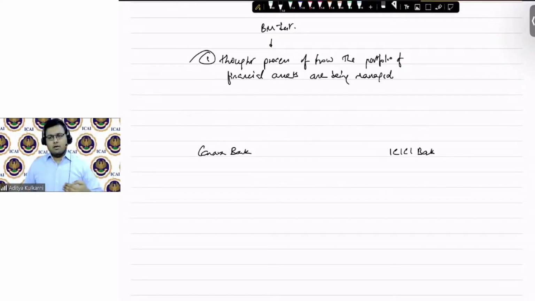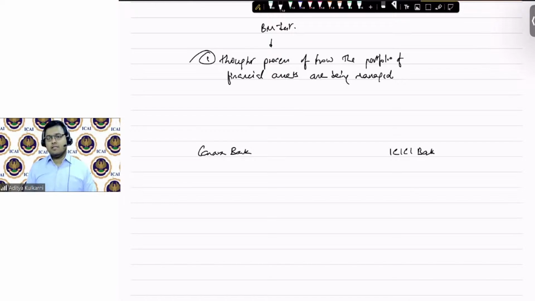Collect money from the deposit holders and give it to the borrowers. The difference in interest rate is the profit that is being made. So you have two banks, Canara Bank and ICICI Bank. These banks will collect money from deposit holders. They collected the money.